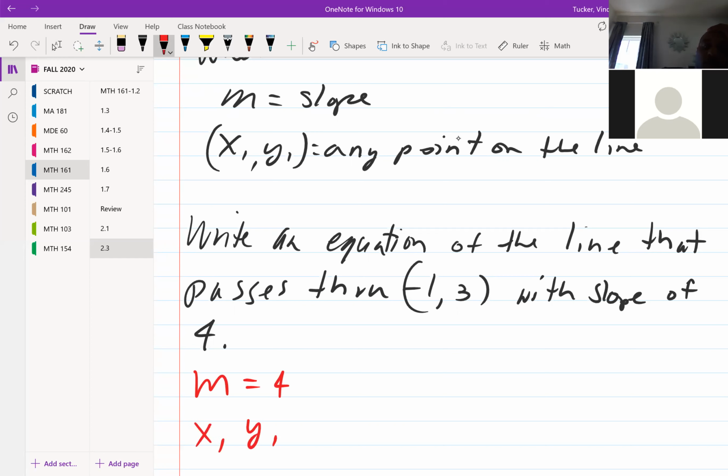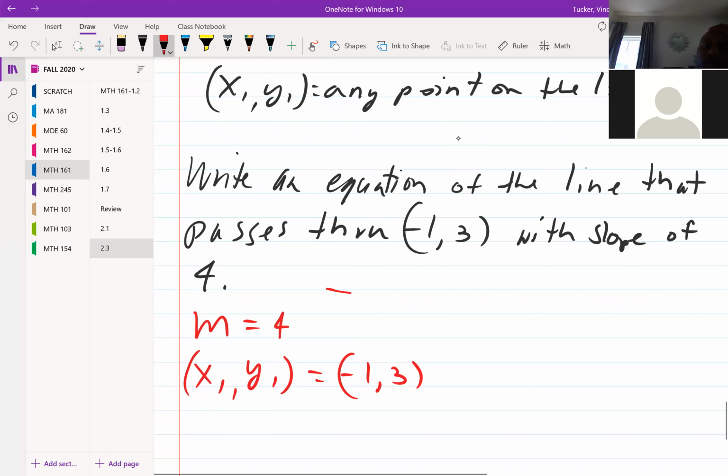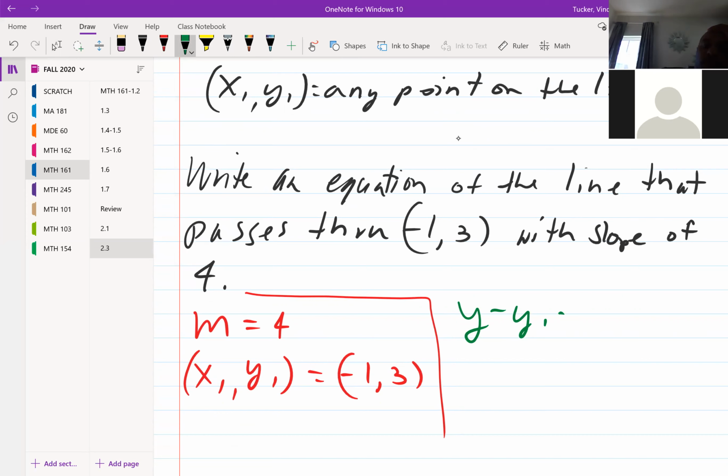And x1, y1 is -1, 3. So the formula y minus y1 equals m times x minus x1. We are plugging in for these three values, y1, m, and x1.